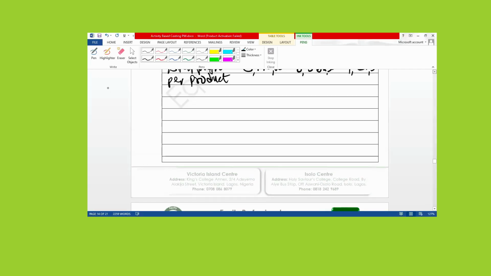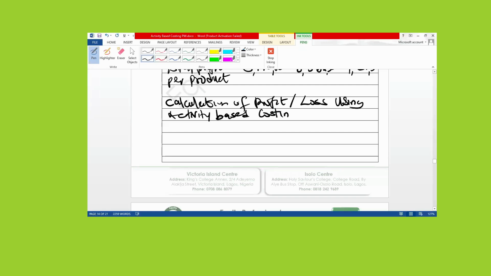Next. Calculation of profits or loss using activity-based costing.